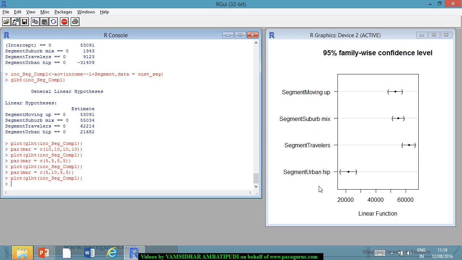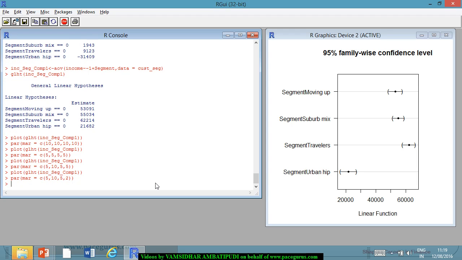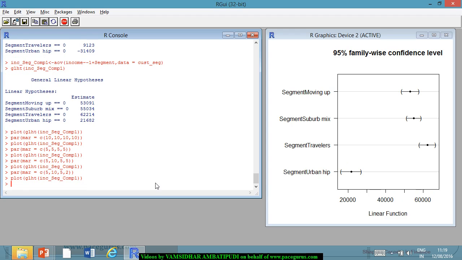So we get all the values, right? The first one I can set it simple. Third one I can reduce. Fourth one I can reduce the margin as well. So probably instead of 5, the fourth one, let me make it 2 so that it gets slightly more expanded. So this kind of a graph, right?